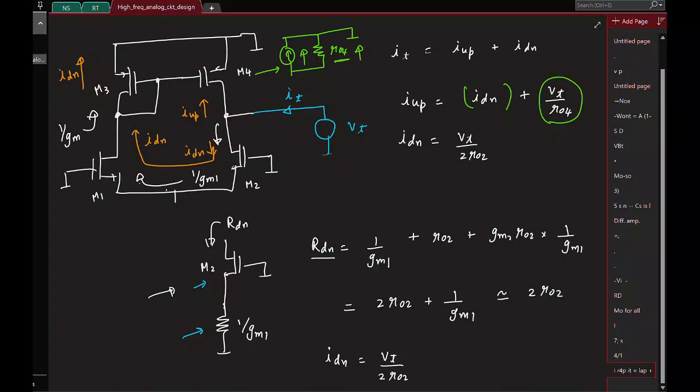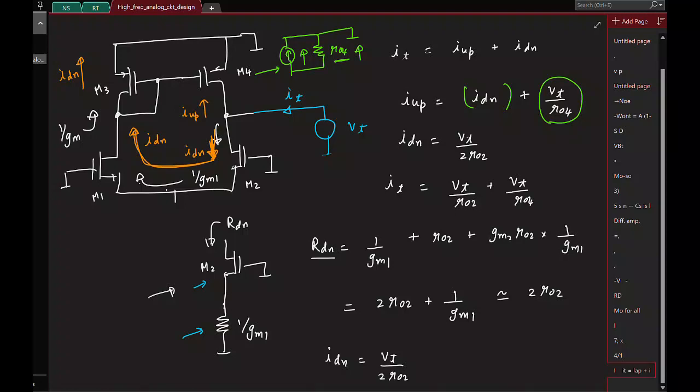And what we saw was the current I down that is flowing down actually flows through the transistor M3, that will get mirrored, and that mirrored current is basically this additional component. That's all. So what is the total current now? Basically Vt by R02 plus Vt by R04.